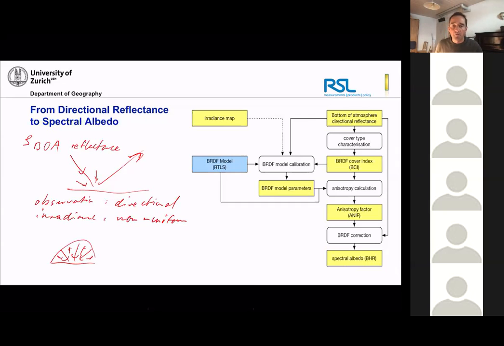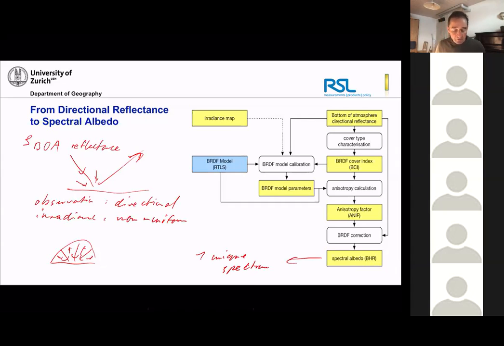That's a spectral albedo. That's one value, one unique spectrum. That's the big advantage of spectral albedo. So one object has one spectrum and not various of them. So it's the best way to identify an object.